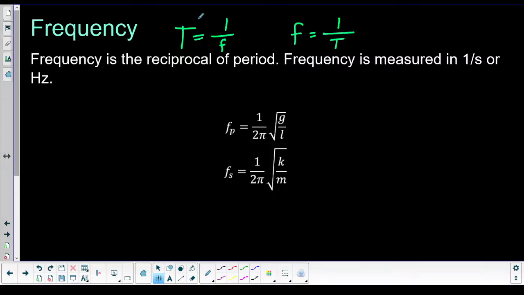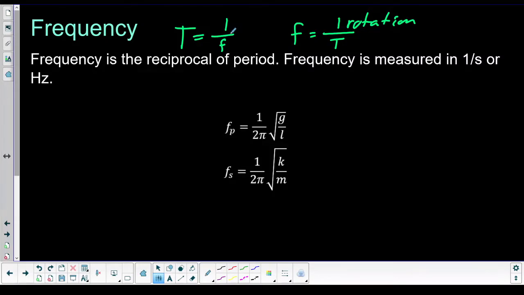Okay. Again, period is how long it takes to do one full rotation. Frequency is one rotation or one oscillation per unit of time. So this is how many times does the thing happen in a given amount of time. This is how much time does it take for one thing to happen.